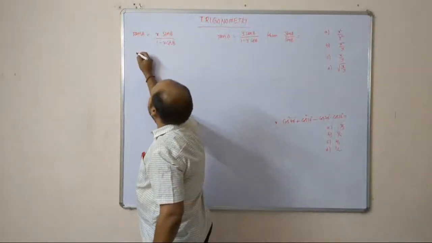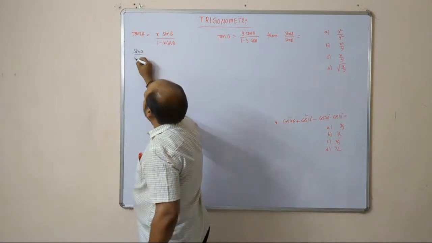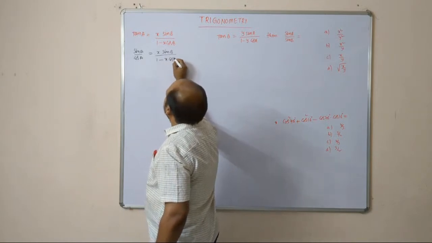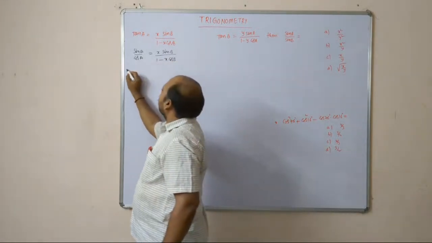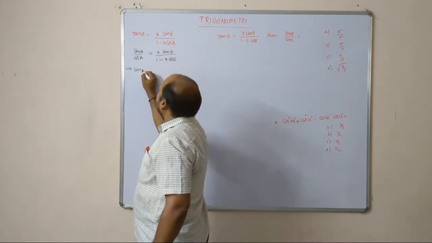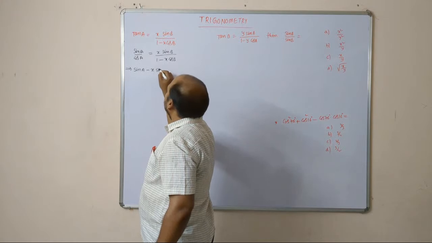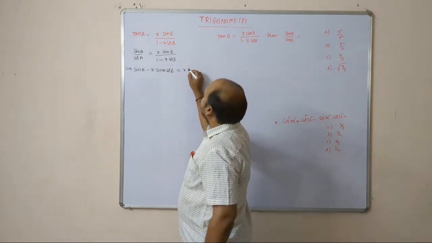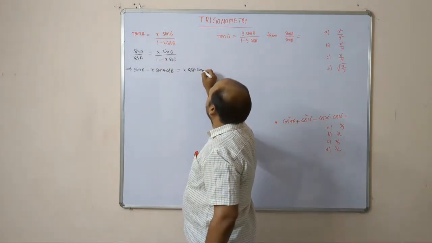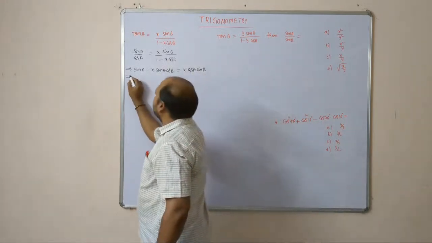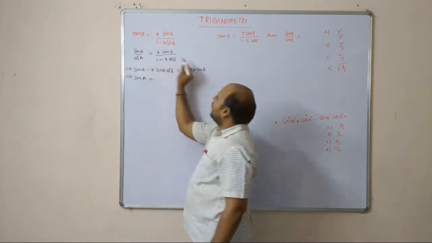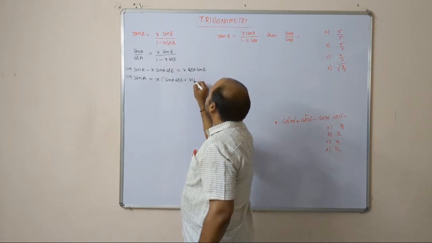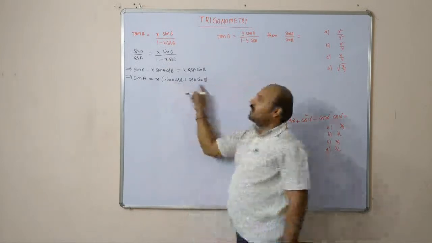Tan A in terms of sin and cos, you have tried here, students. Sin A by cos A is equal to x sin B by 1 minus x cos B. Cross multiply: sin A into 1, sin A minus x into sin A cos B is equal to x into cos A sin B. This minus value I am taking this side, sin A equal to x, sin A cos B plus cos A sin B. Sin A cos B plus cos A sin B is what?